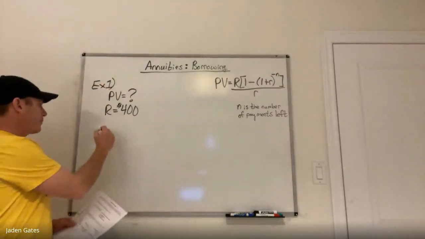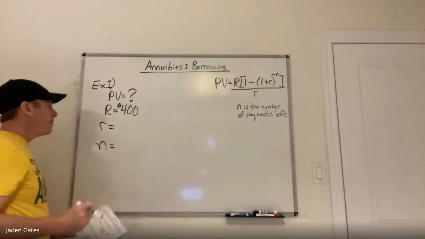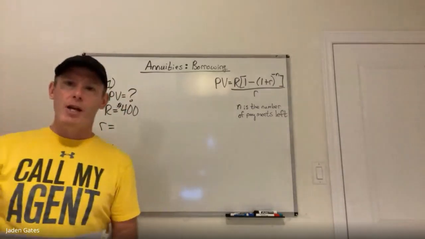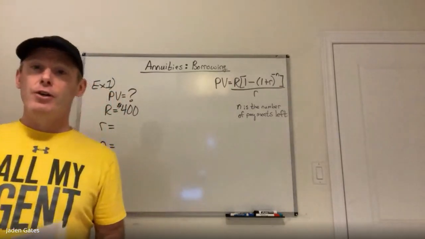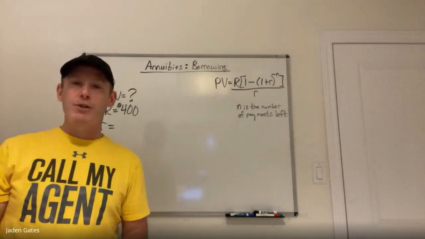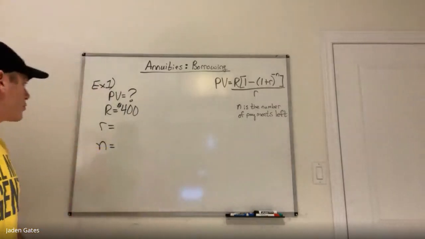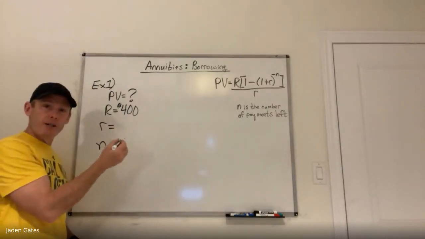Now, again, we have to figure out our i value and our N value. For the interest rate, this question says he's going to finance this over 5 years, and the interest rate is 7% compounded monthly. So we're making monthly payments here. With our interest rate, I have to convert that percent to a decimal first.